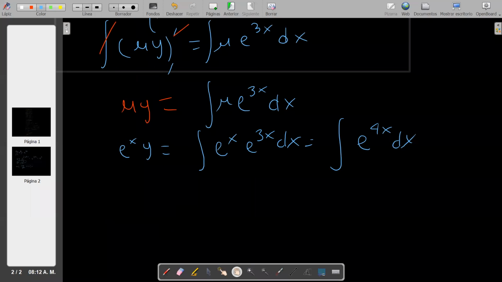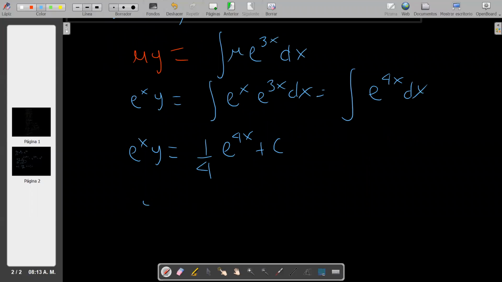And we have already solved that. The integral of e to the 4x is equal to what? 1/4 times e to the 4x plus c, right?